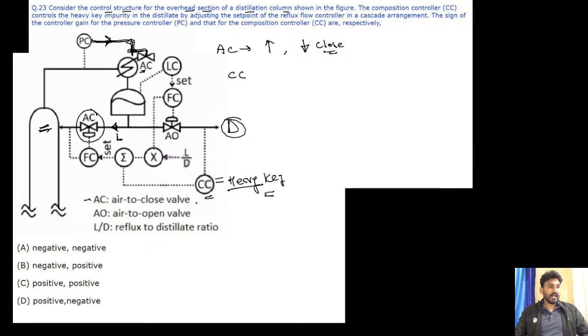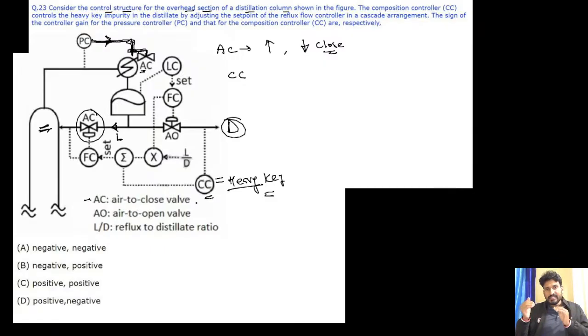Reflux must be high or low. Increasing. Very good. Okay, done. It must be increasing, right?